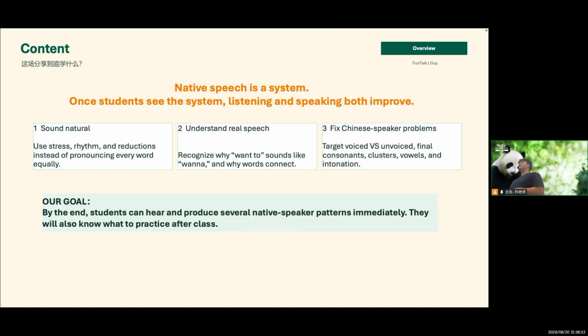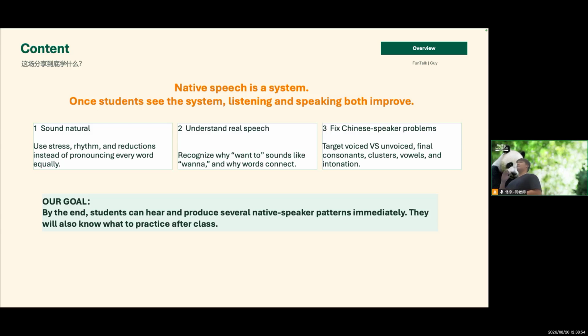You don't have to sound exactly like a person from America or a person from England, but there are some things that you could improve to help the person who's listening to you understand you better. And there are some things you can improve to learn how to understand a native speaker better. And that's what I'm going to teach you today.